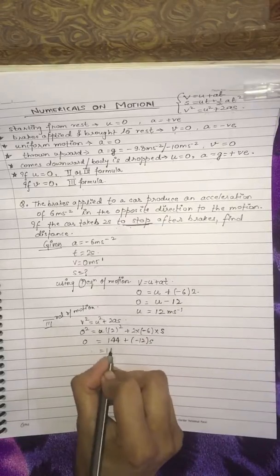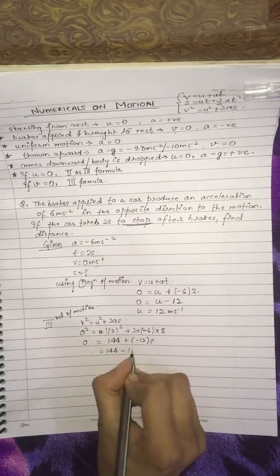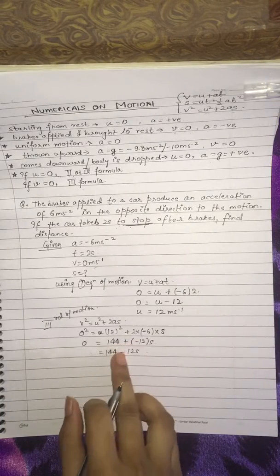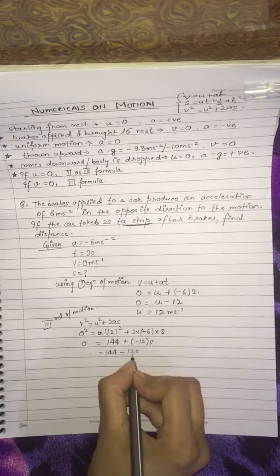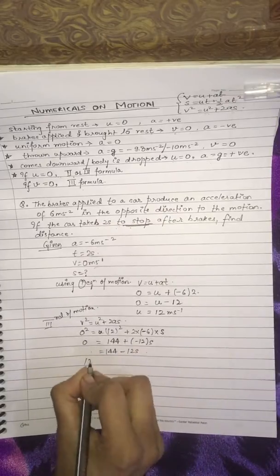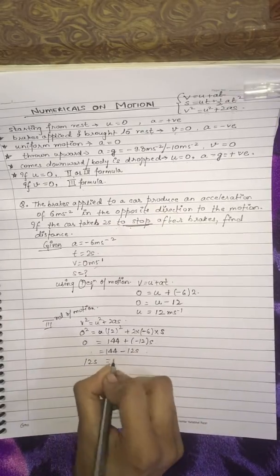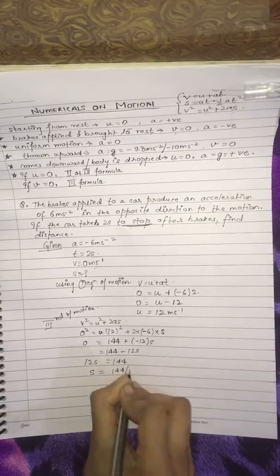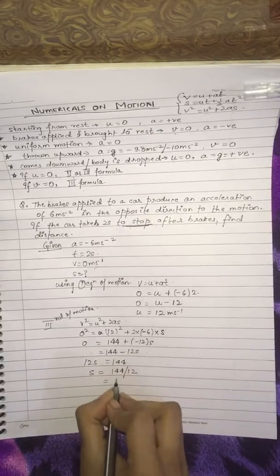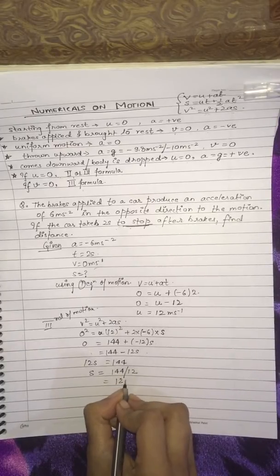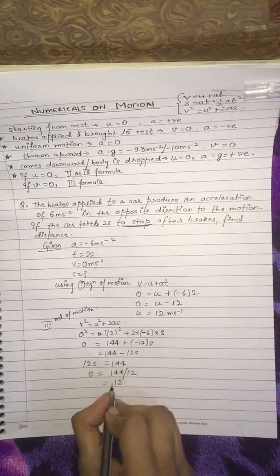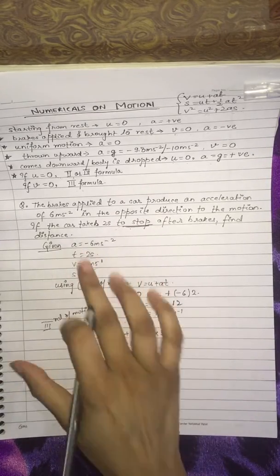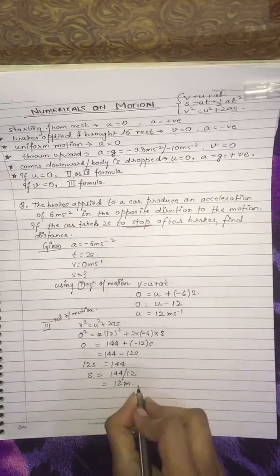Now 144 plus minus 12s. Why minus 12s? Because of minus times plus. Okay, now we will bring this 12s here, it will get positive, and 144. Now s will be equal to 144 divided by 12, which comes out to be 12, 12 times 12 is 144, right? 12 meter. Okay, this is our final answer.